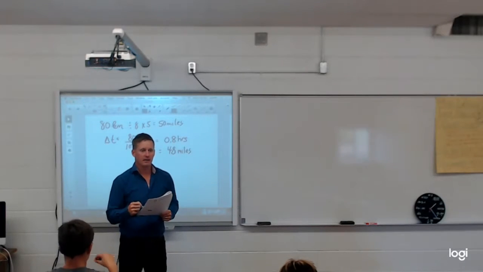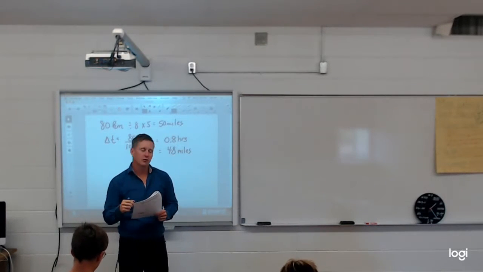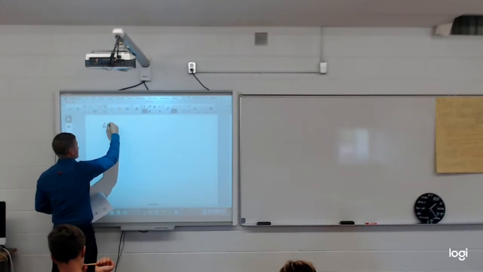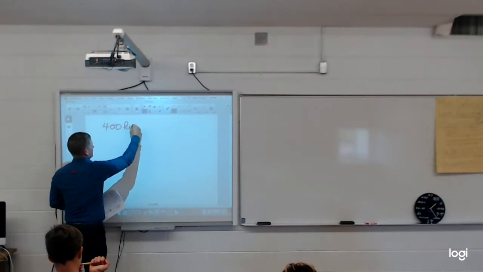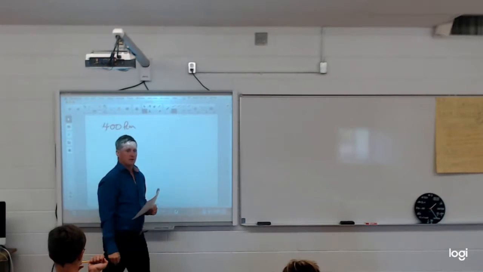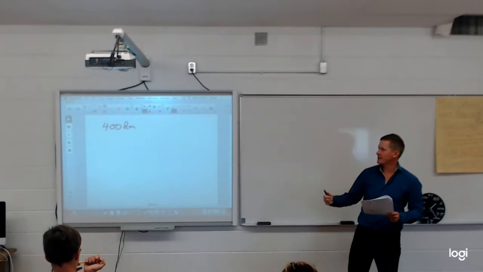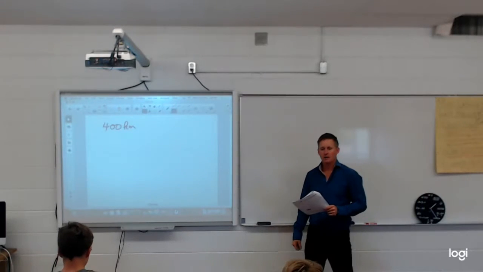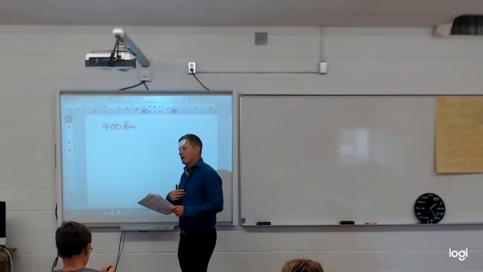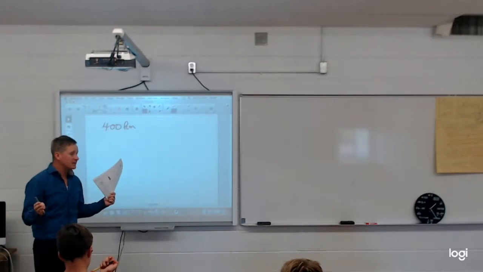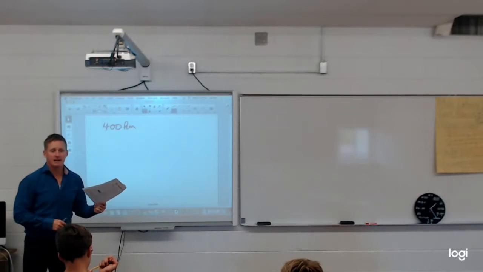Let's say hypothetically, though it's not really hypothetical, from the door of my house to Headingley in Winnipeg is almost exactly 400 kilometers. Let's say I go 100 kilometers an hour, that's my speed limit, which is about 60 miles an hour. How long does it take me to get there?